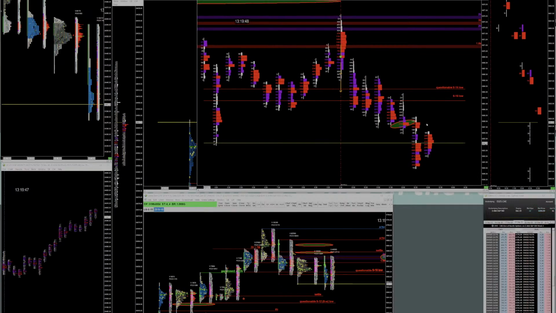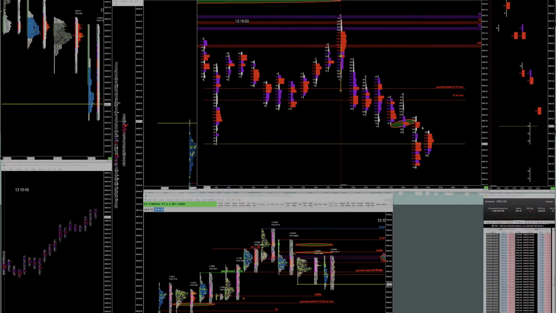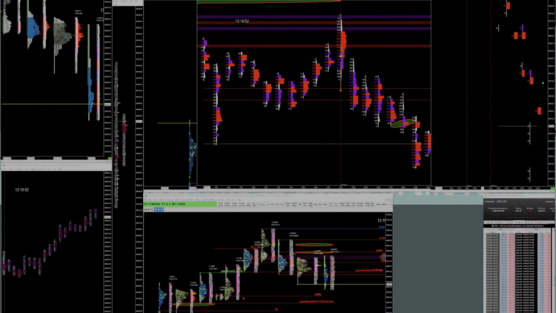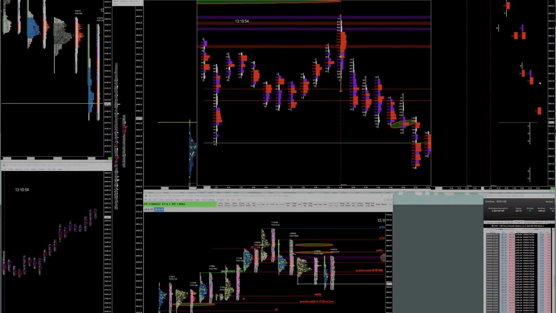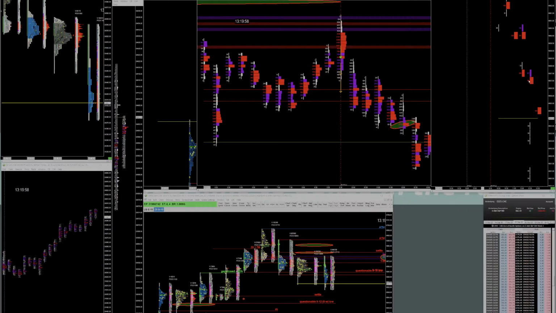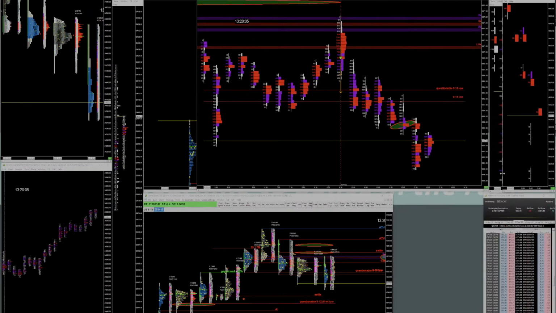At the downside, what level is this? 57. What do we have at 57? Somebody's making a statement here. Someone is buying 700 contracts at. Somebody wants to be noticed here.